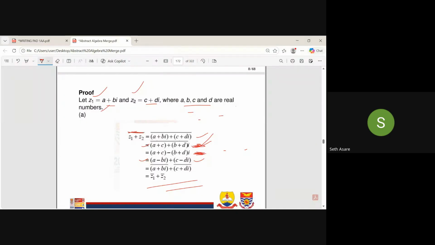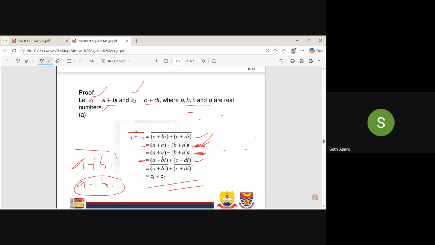We have it here. Now we are comparing this one to the original. The original one is A plus BI, and what we've gotten here is A minus BI. Meaning that this one is the conjugate of this.